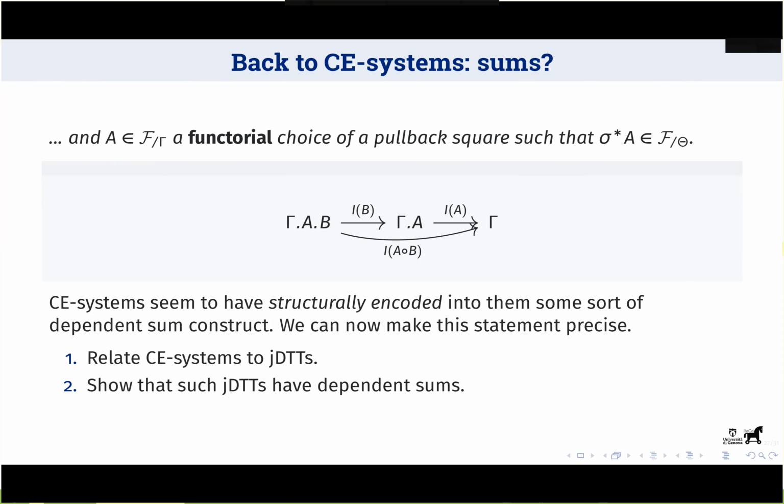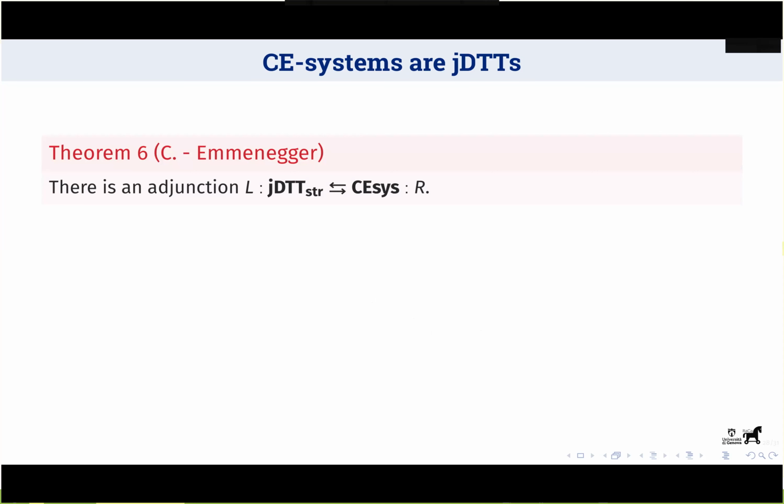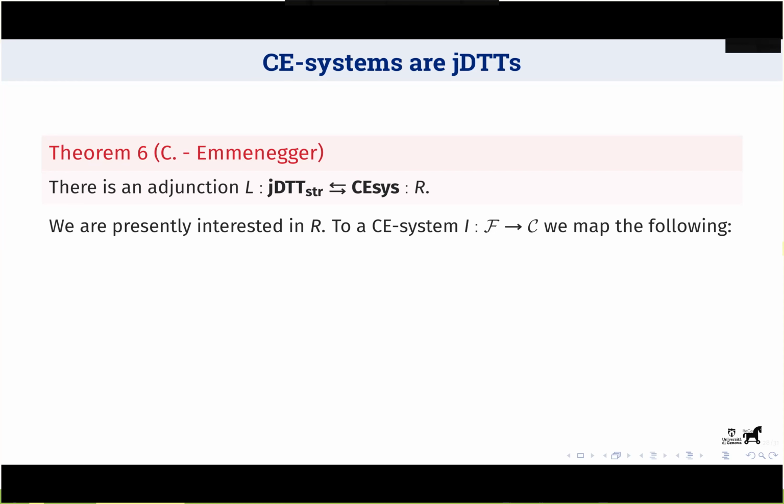So let's see. We relate, and in particular, there is an adjunction between judgmental dependent type theories with strict morphisms and CE systems. And in particular, I want to describe to you what the right adjoint does. To a CE system, we map the following judgmental dependent type theory.